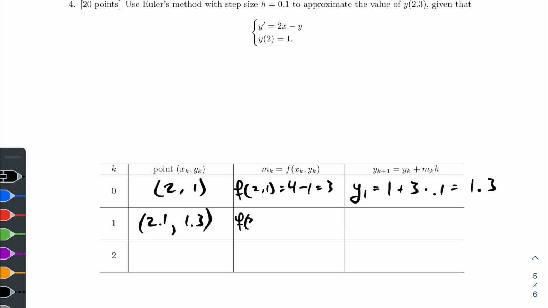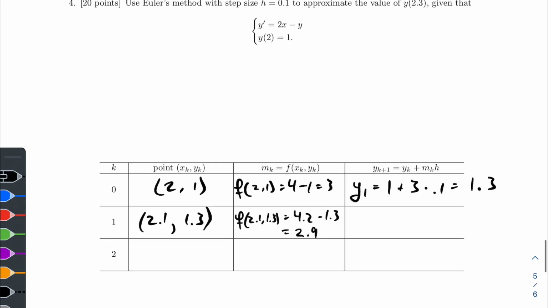What's our slope going to be? It's f of 2.1 comma 1.3. So this is 2 times the x value, which is 4.2, minus the y value, which is 1.3. This is equal to 2.9. Does that look right? 4.2, 1.3, 2.9. Yeah, I think that's right.